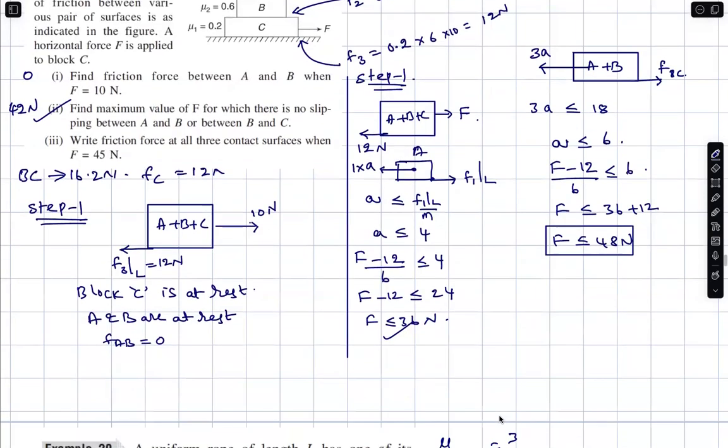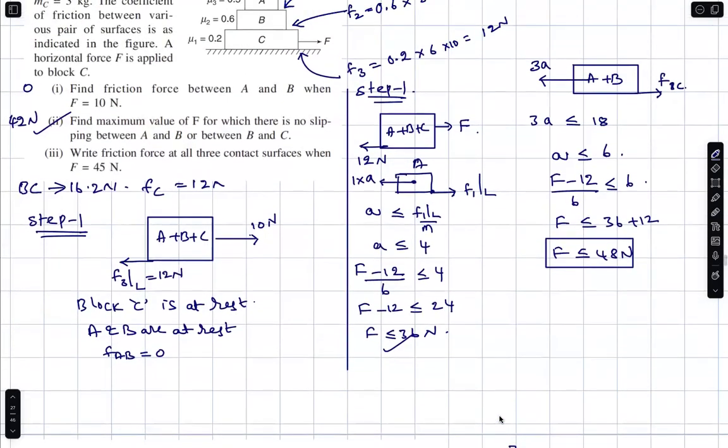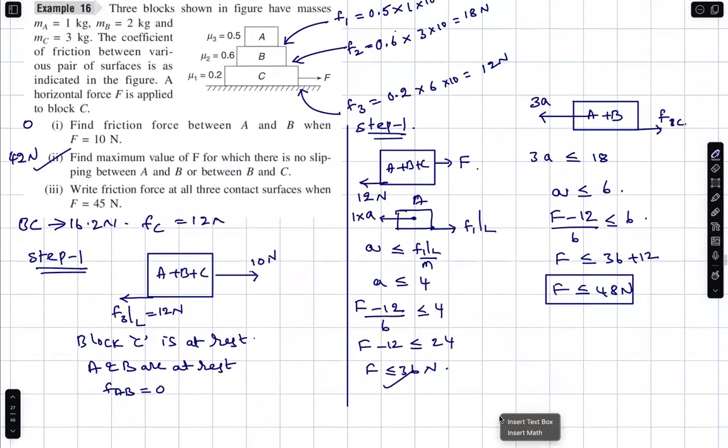Now, write the frictional force at all 3 contact surfaces when F is equal to 45. One minute. So, F minus 12, right.